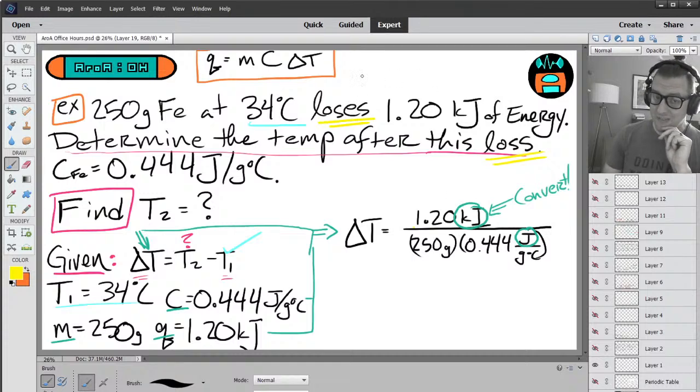When you have a loss of energy, that means that the value for Q is a negative number.